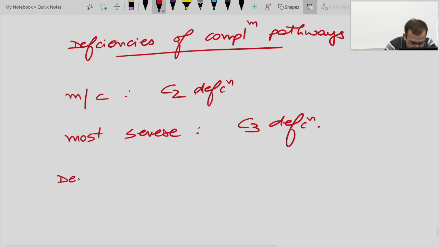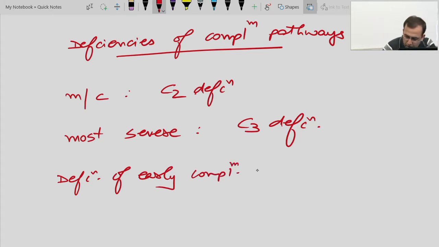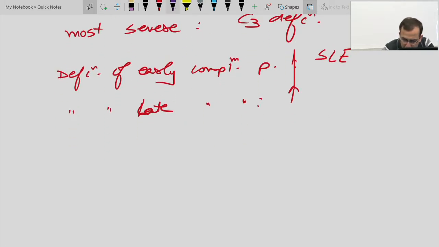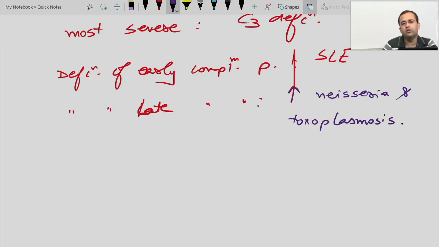Next, deficiency of early complement proteins is associated with lupus, versus the deficiency of late complement proteins, which increases the risk of Neisseria and toxoplasmosis.